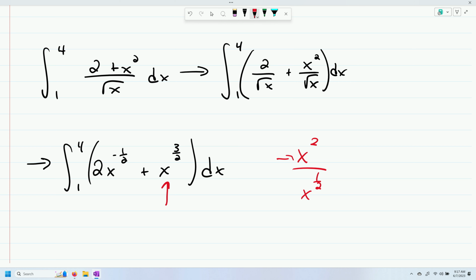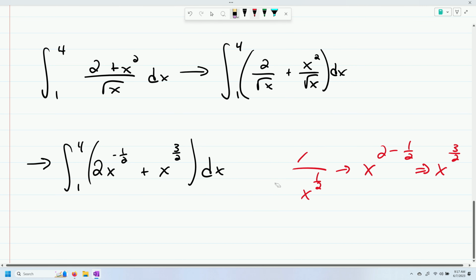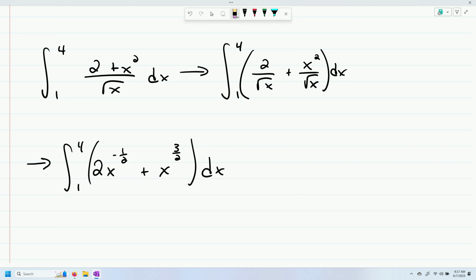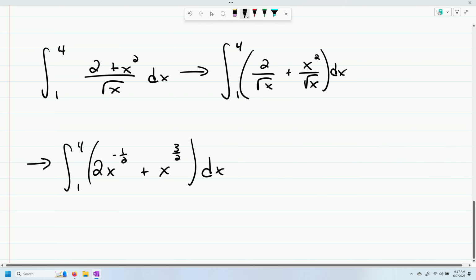I noticed that the bases are the same, and I'm dividing, so it's going to be x to the second minus 1/2, and then I just found a common denominator and simplified to give me x to the 3 over 2. That's all I did there. All right? So let me go ahead and erase this real quick, because now I have it in a form that I can integrate.